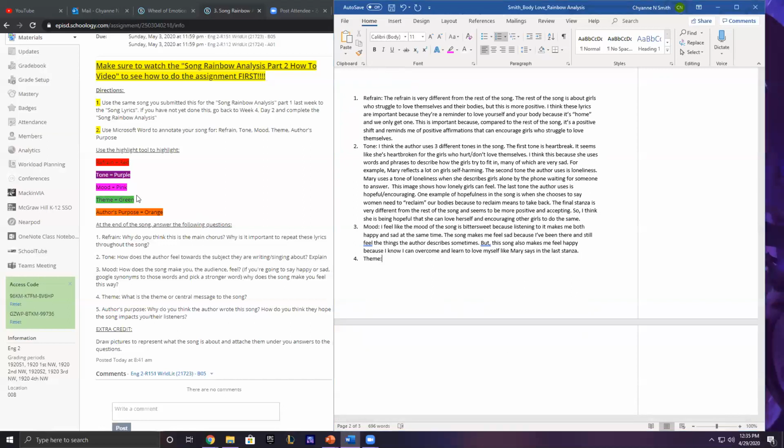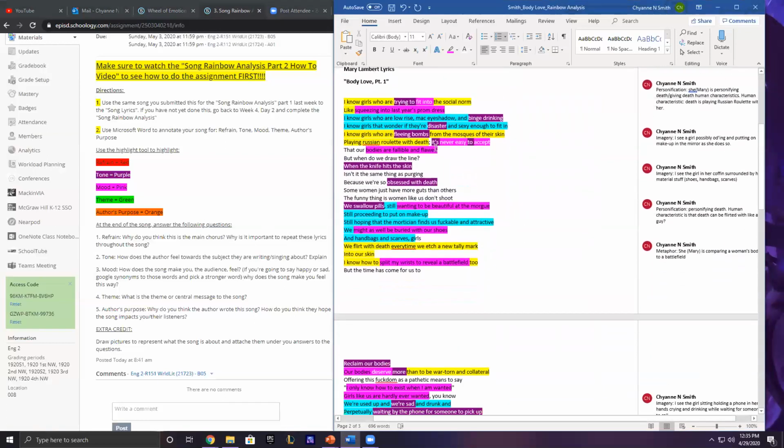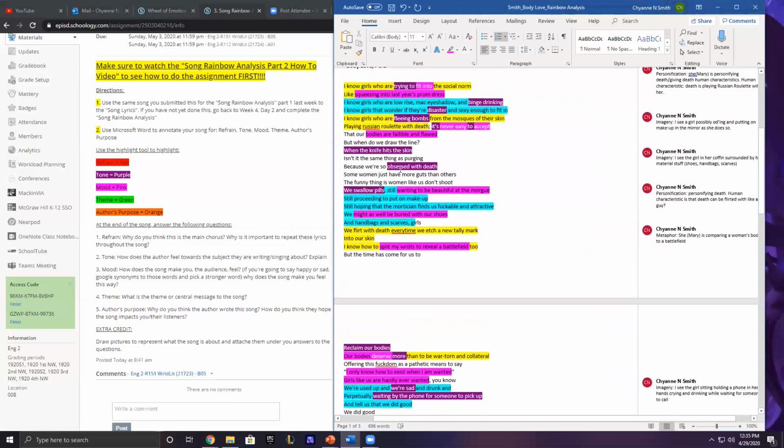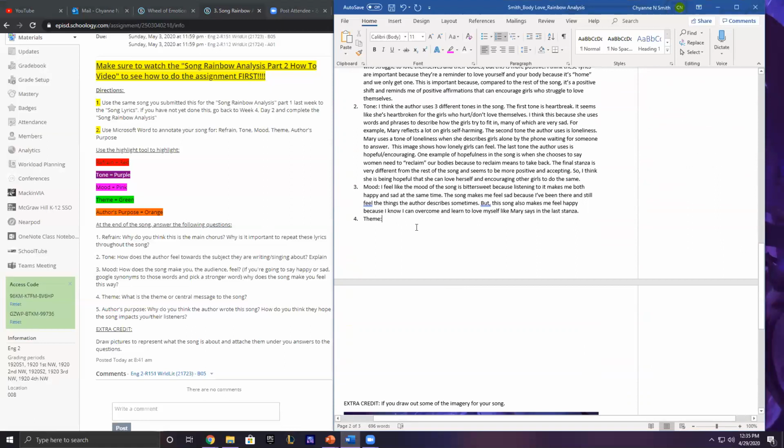So you might need to answer the question before you go back and highlight theme in the song, because if you don't figure out what the theme is, it's going to make no sense to try to highlight it first. So before I go highlight theme, I'm going to answer the question and just try to label a theme.